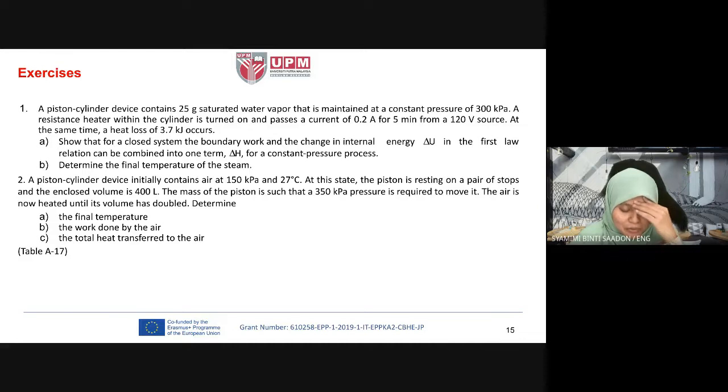And then untuk enthalpy ni, you need to use the energy balance that we have stated for A. Actually, for the energy balance, it's better to imagine that our system is the water inside the cylinder.